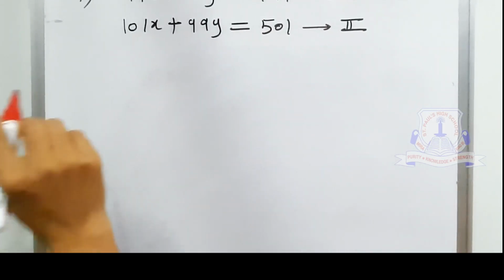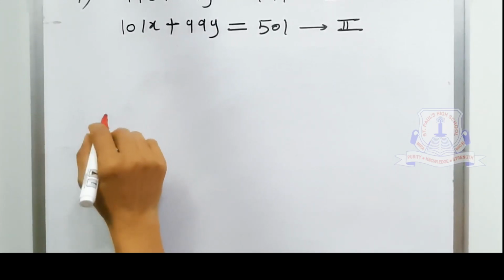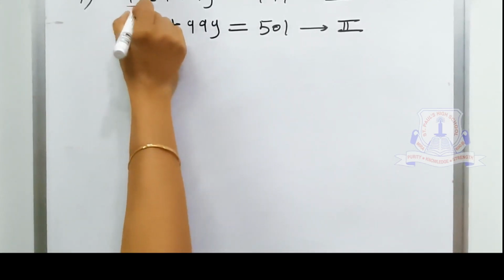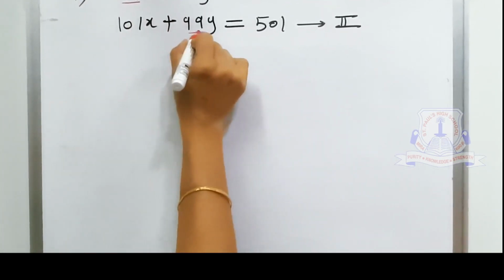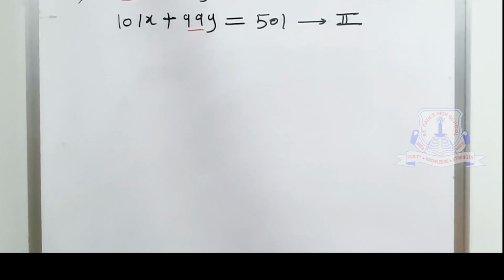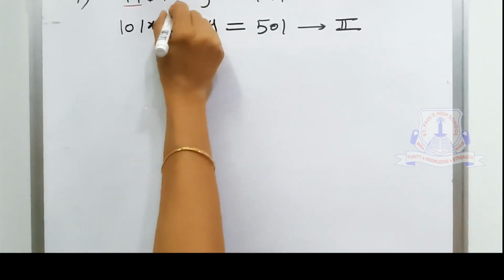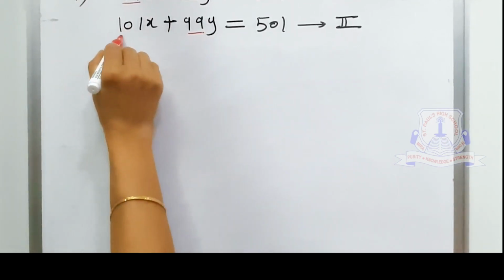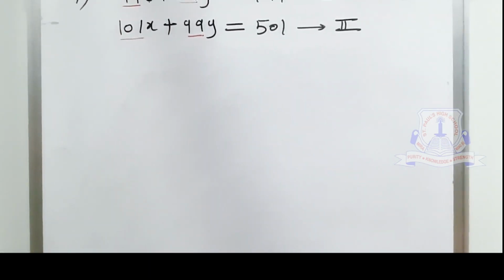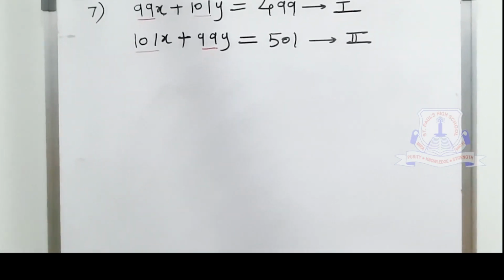Now, if you observe these two equations carefully, you will notice the coefficient of x in the first equation is the same as the coefficient of y in the second equation. Same way, coefficient of y in the first equation is the same as the coefficient of x in the second equation. That means coefficients of x and y are exchanged.